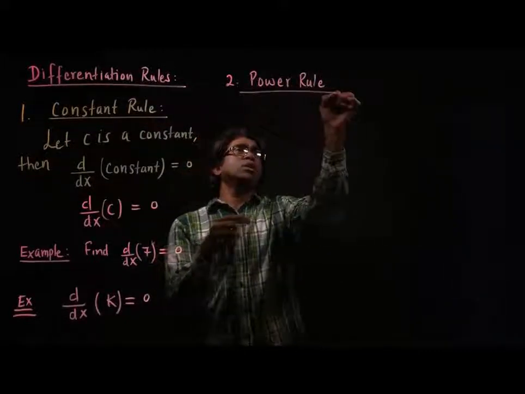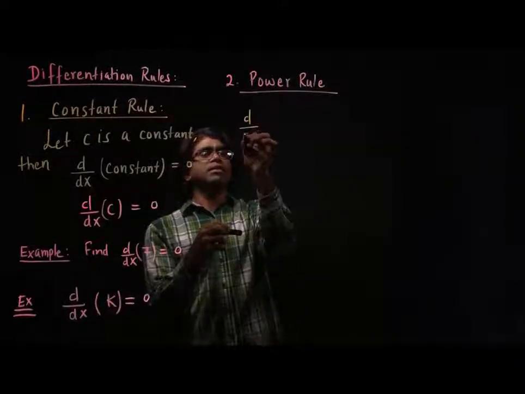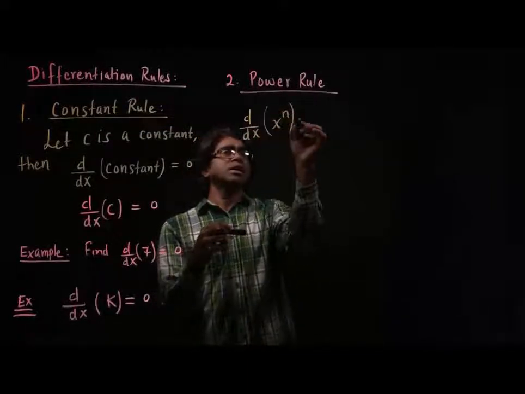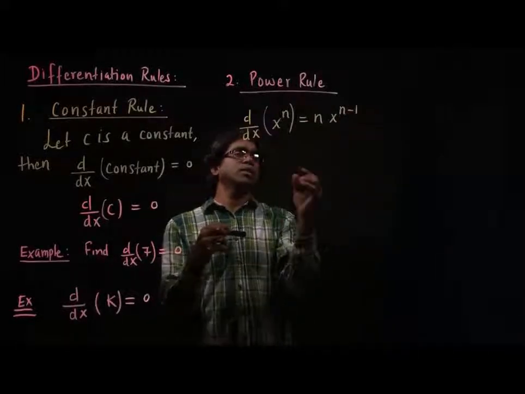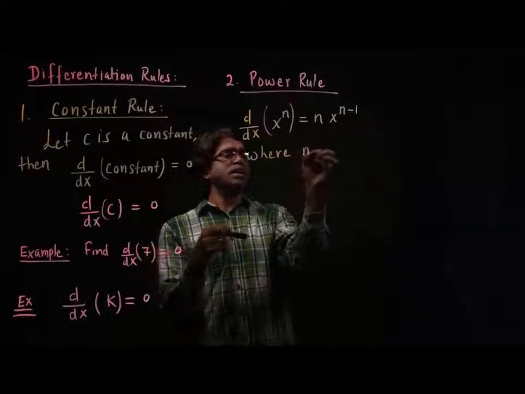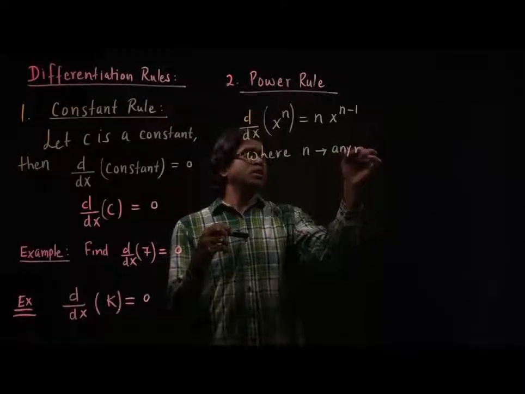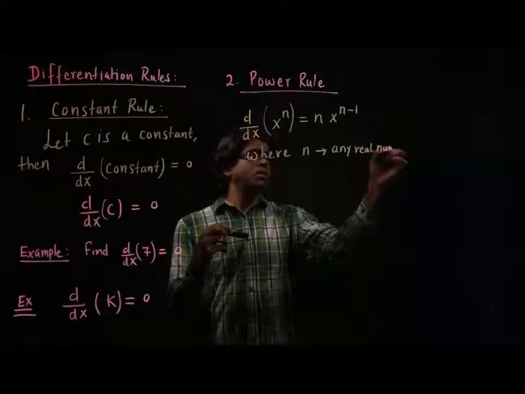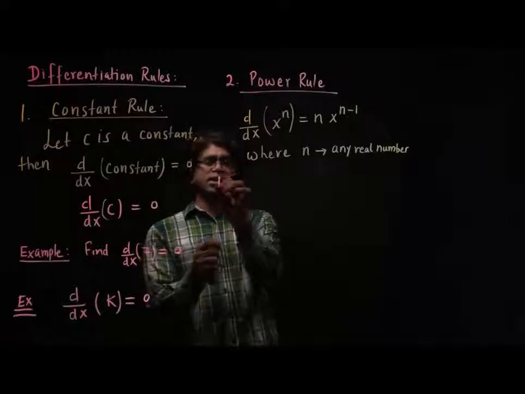So the power rule is basically d by dx of x to the power n is n x to the power n minus 1, where n is what? N is any real number. Right?